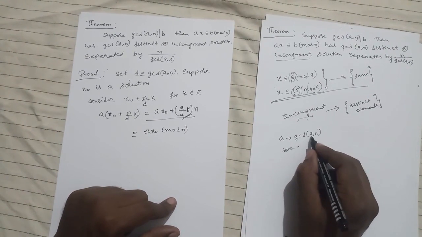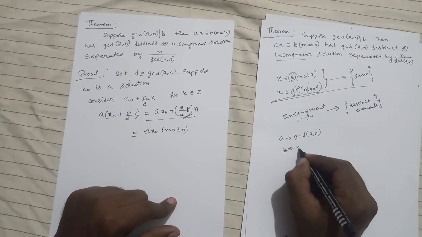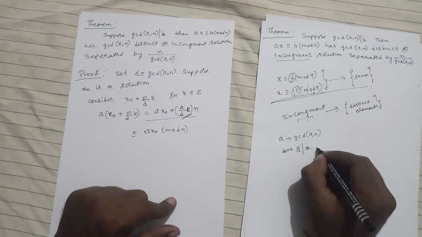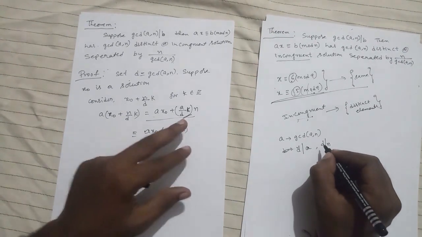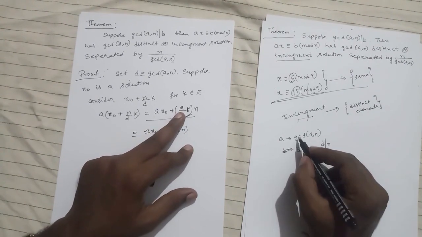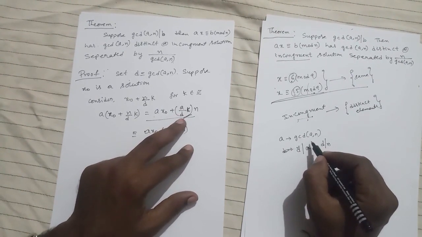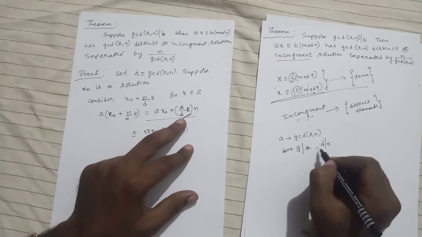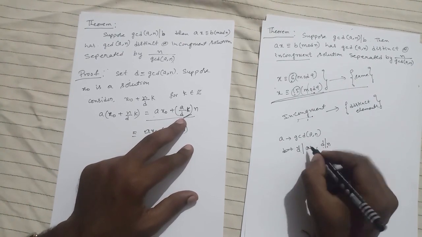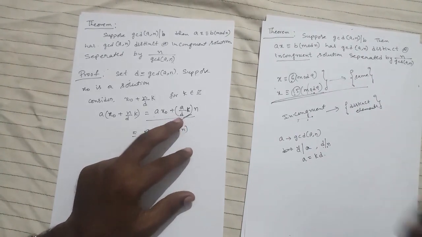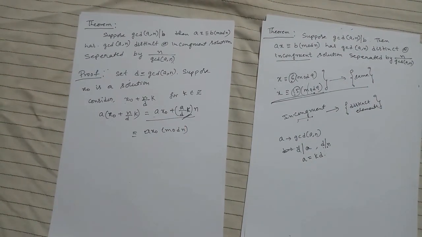That means d divides a and d divides n, since d is the GCD of a comma n. So a equals some integer times d, you can write.